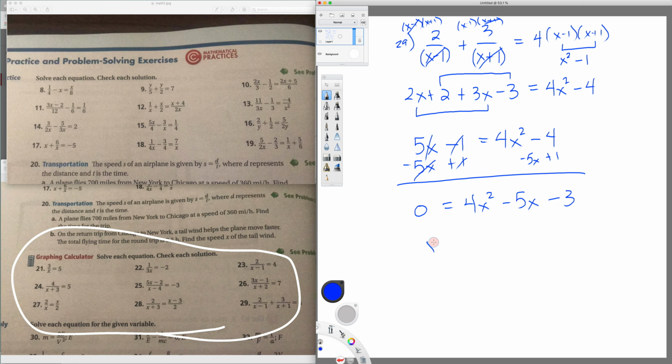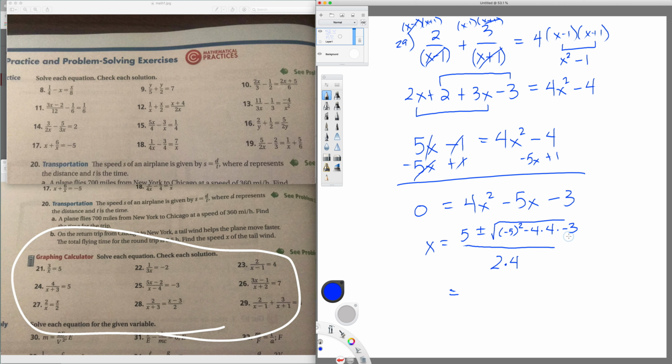So x is going to be negative b, which would be 5, plus or minus the square root of negative 5 squared minus 4 times a 4 times a negative 3. That's b squared minus 4 times a times c. And then it's all over 2 times a, which is 2 times 4.